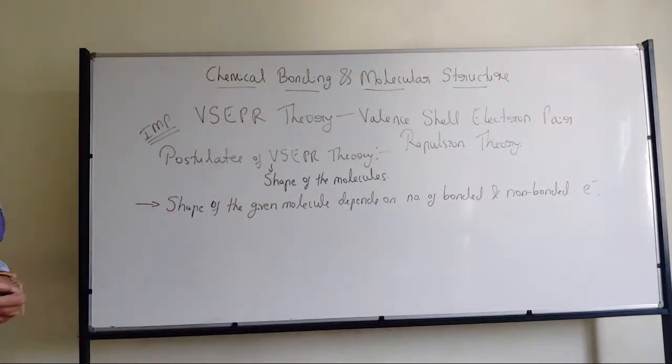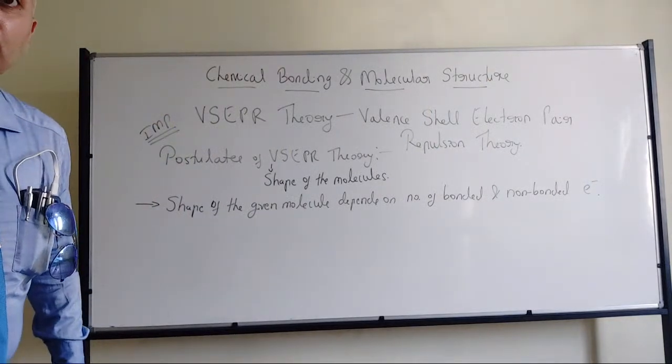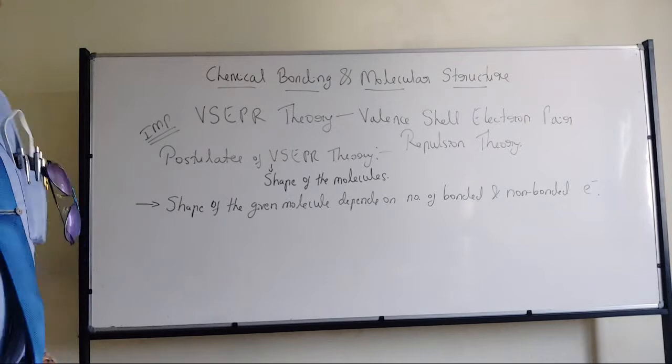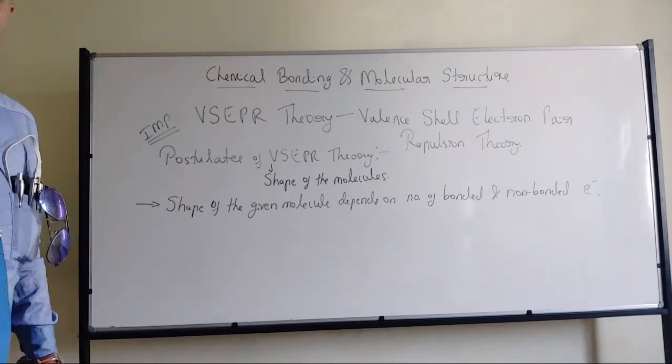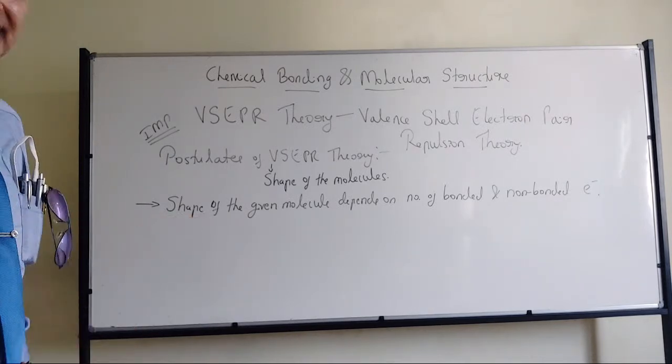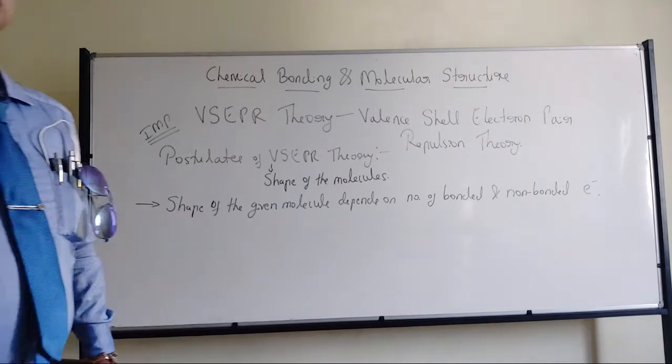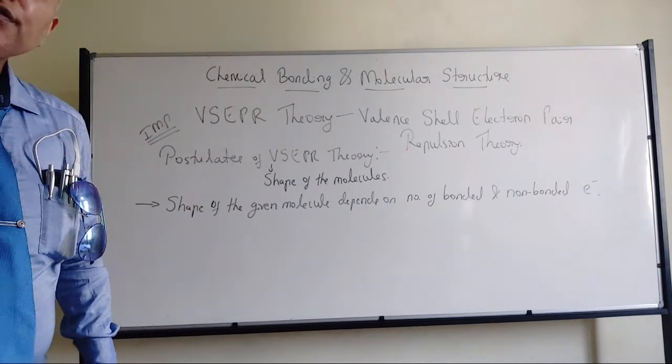So the shape of the given molecule will be decided by what? It will be decided depending on the number of bonded and non-bonded electrons. All of you have understood?